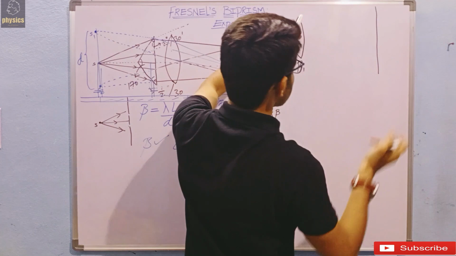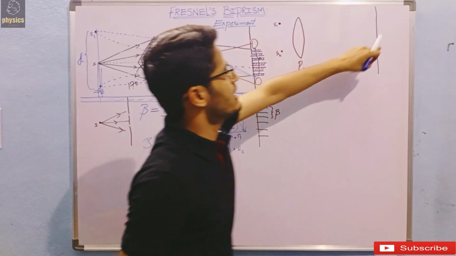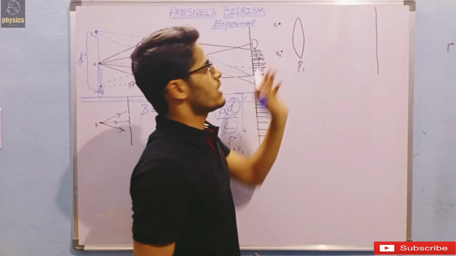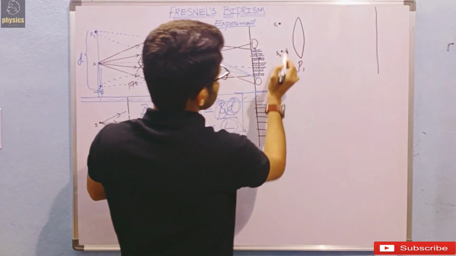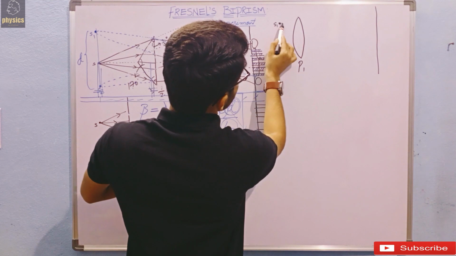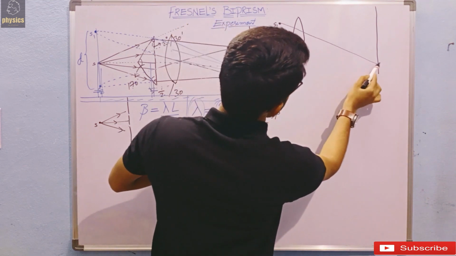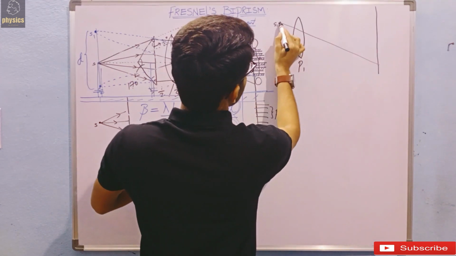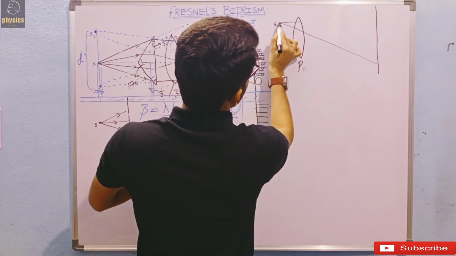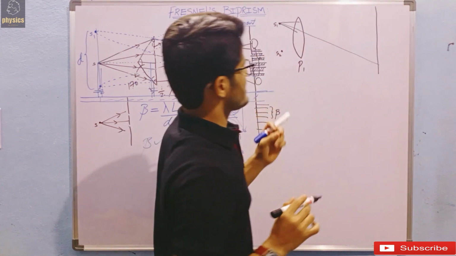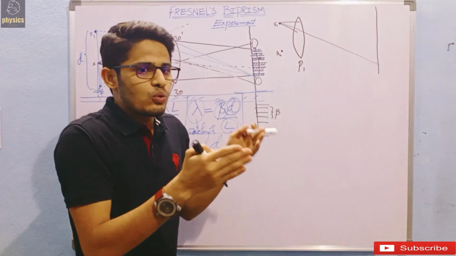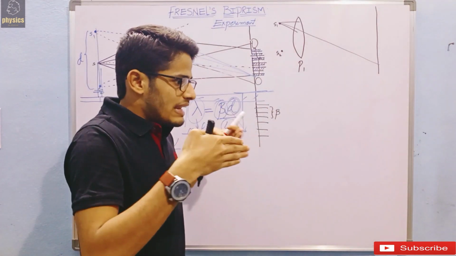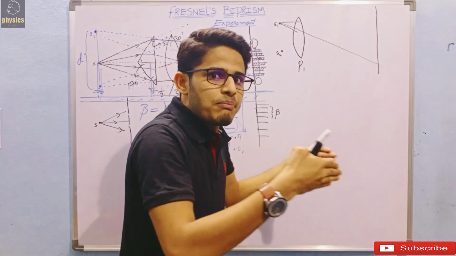At this particular position of the lens, I am getting sharp images of S1 and S2. So why that is happening is because, suppose the light from S1, the specialty of this lens is that, because it's a convex lens, it will bring all the light rays to a particular point.